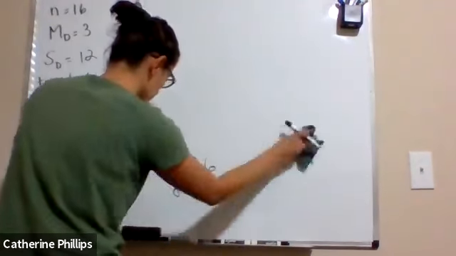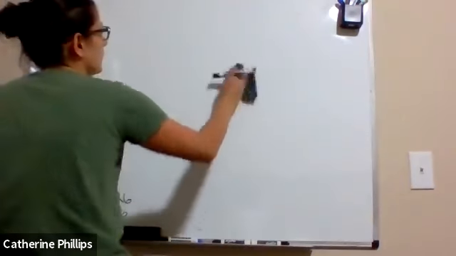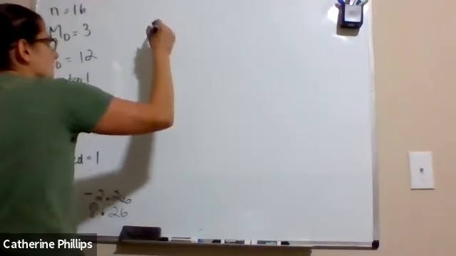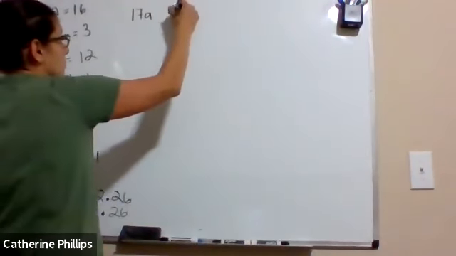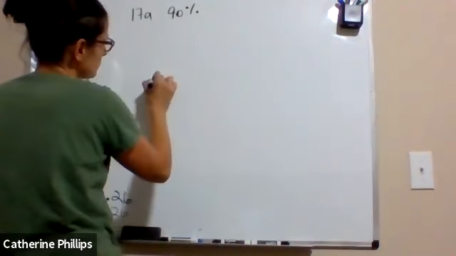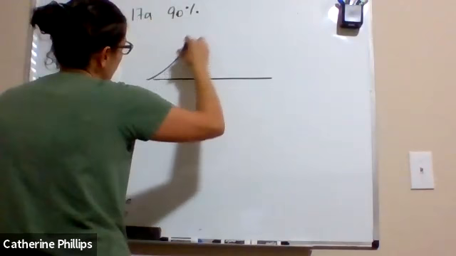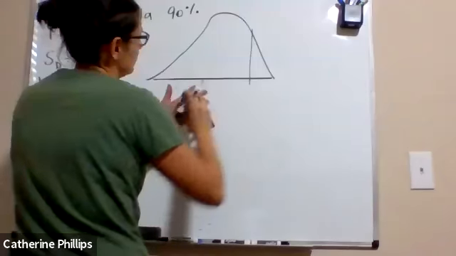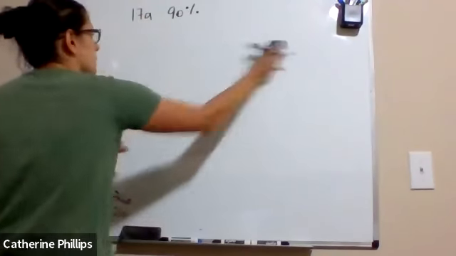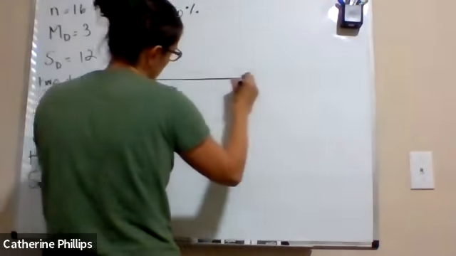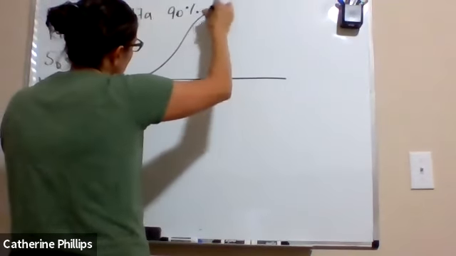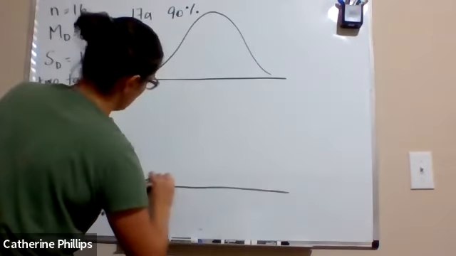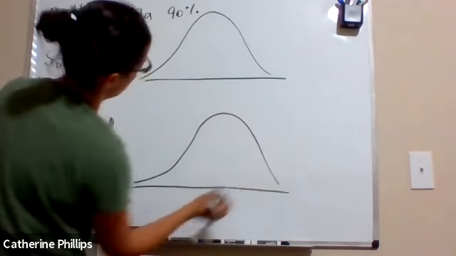So when we had 17A with a 90% confidence interval, that looks approximately the same.